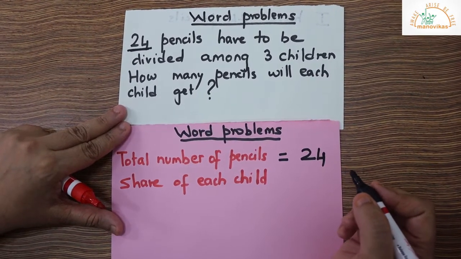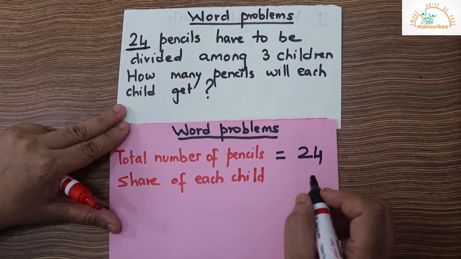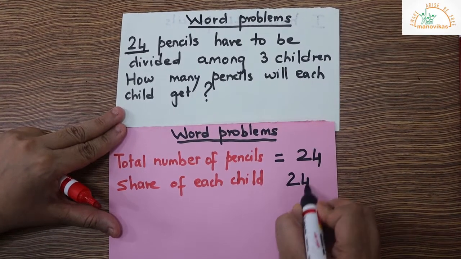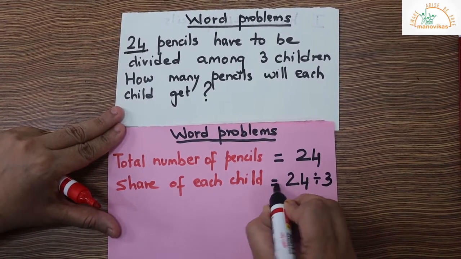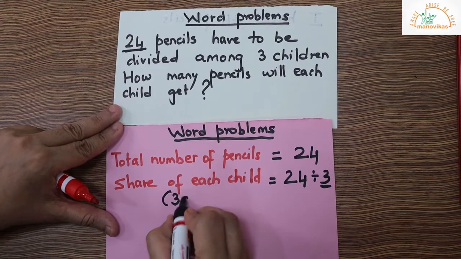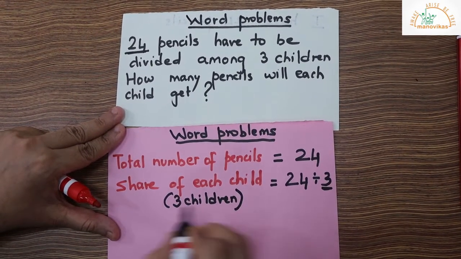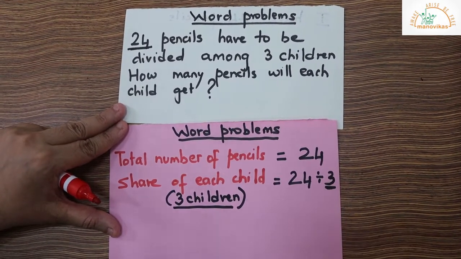Now, to find out how many pencils each child will get, we have to divide 24 by 3. And why have I taken 3? Because there are 3 children. So I will divide 24 by 3.